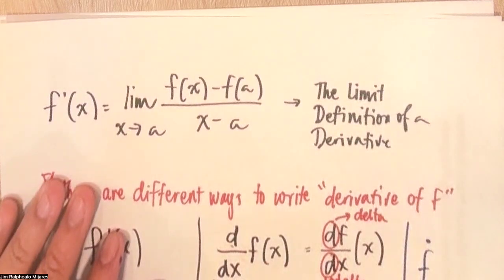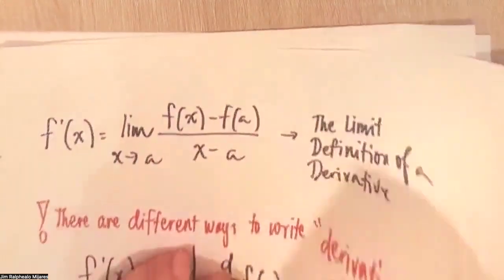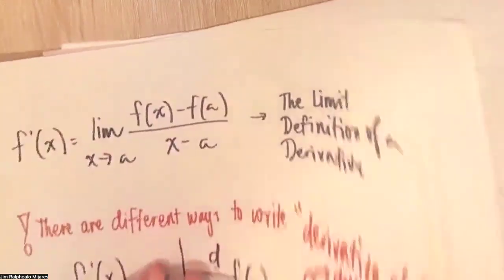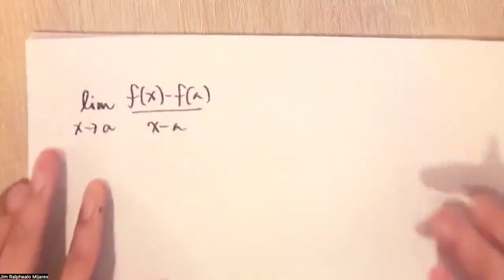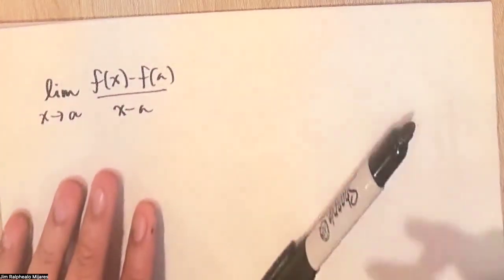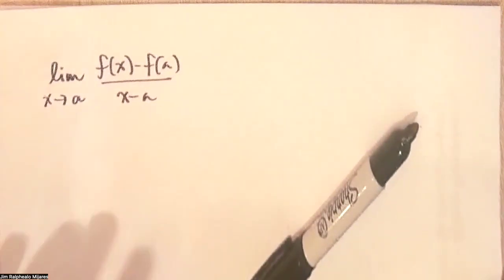But what I meant to say is, from this limit definition right here, we have the limit as x approaches a of f of x minus f of a all over x minus a. The way that we're gonna rearrange this so that it looks better is this.